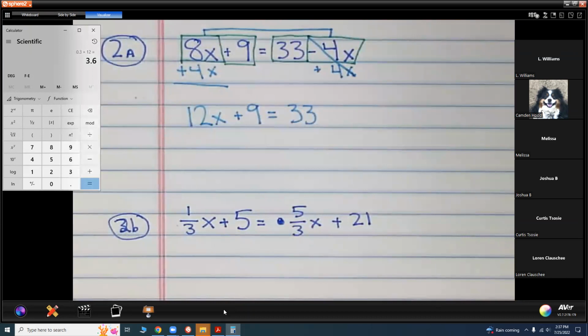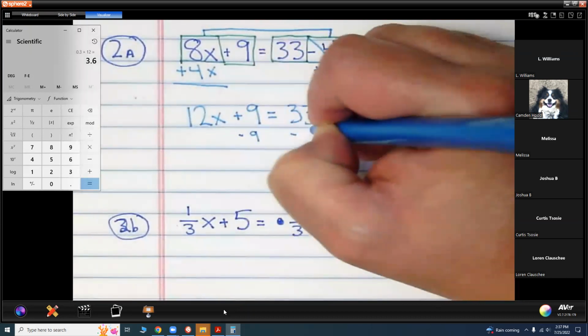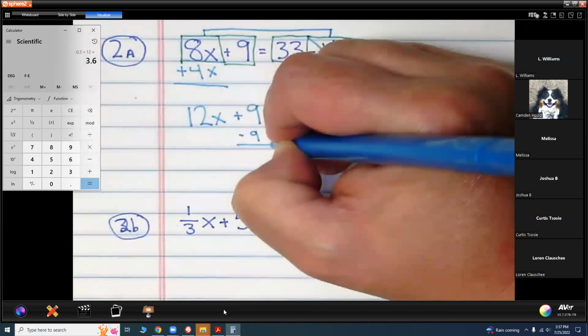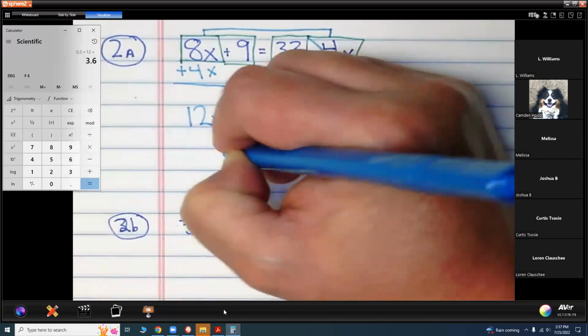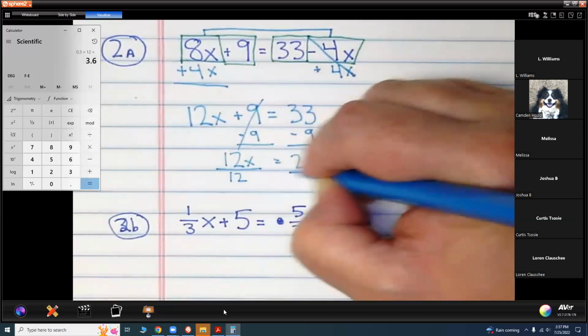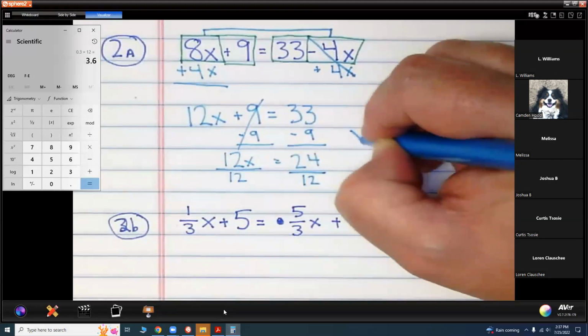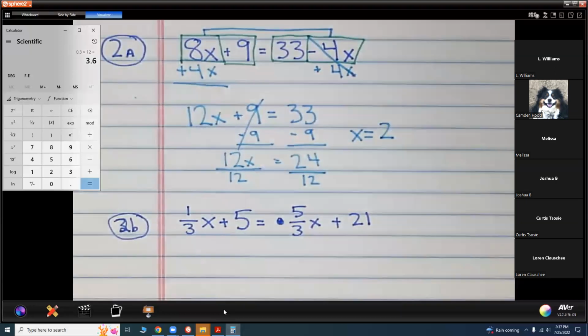And then we're going to subtract 9 from both sides. And x equals 2. You guys get that one?